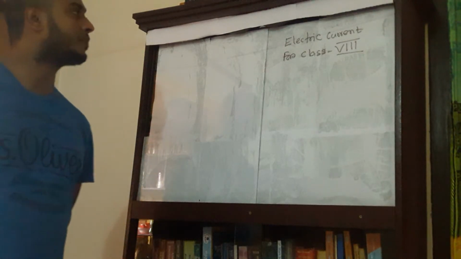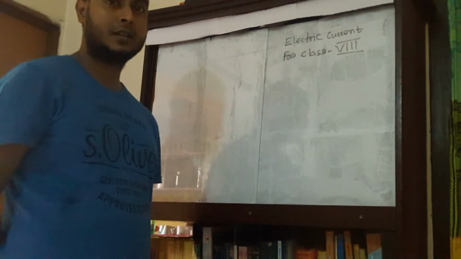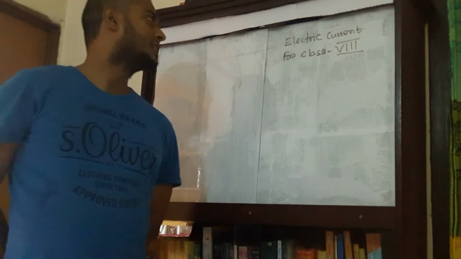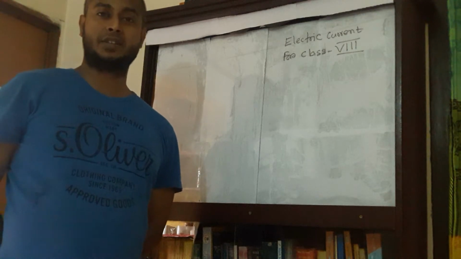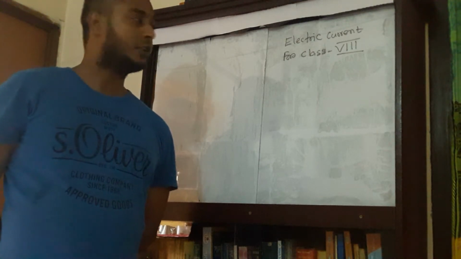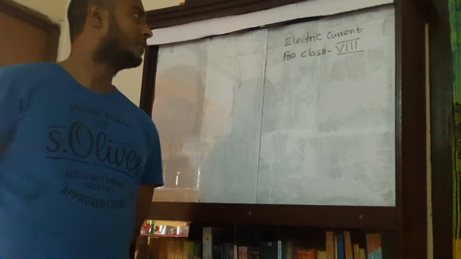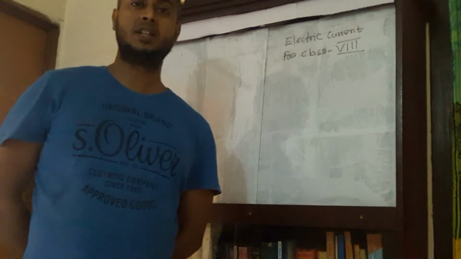Boys and girls, I'm going to start a new topic for class 8 in physics part, that is electric current. Before knowing electric current, at first we need to know about electrical charge.